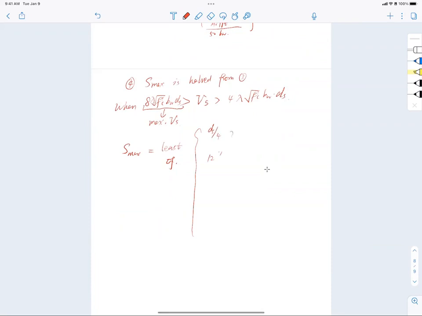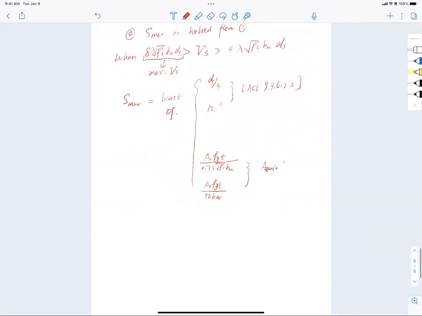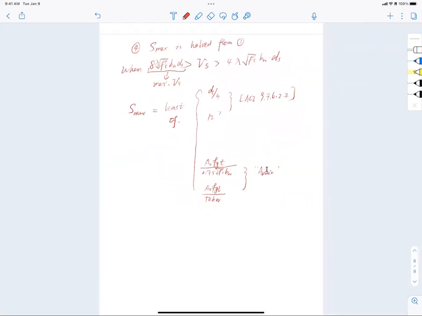And these two come from 9.7.6.2.2, and this also carries the minimum reinforcement area requirement, Av fyt divided by 0.75 square root f'c bw and Av fyt divided by 50 bw. So these two are the Av min requirement. Okay. All right. So that is another maximum spacing, right?